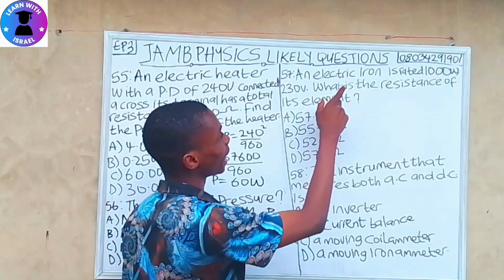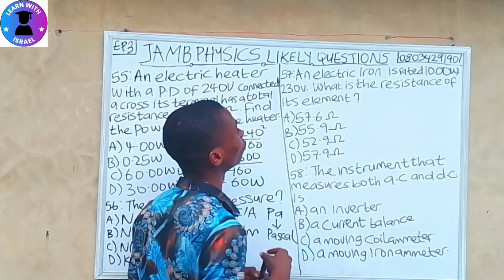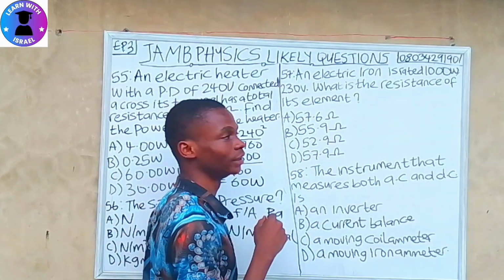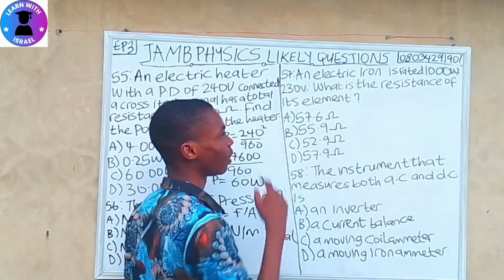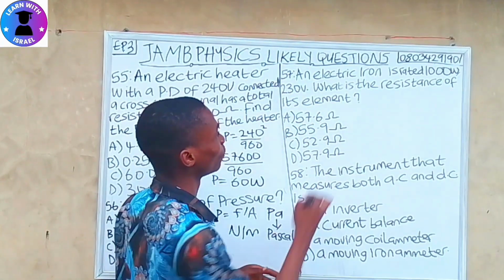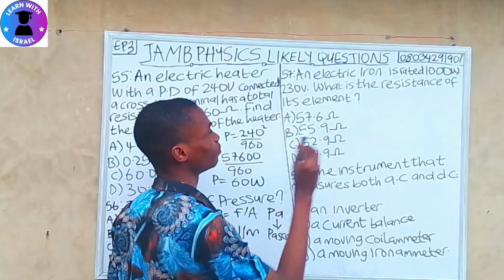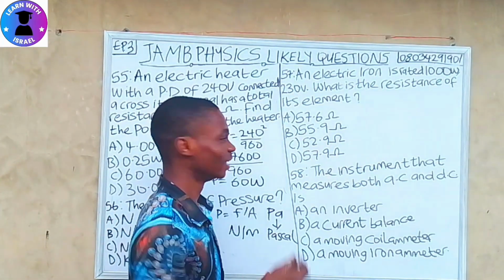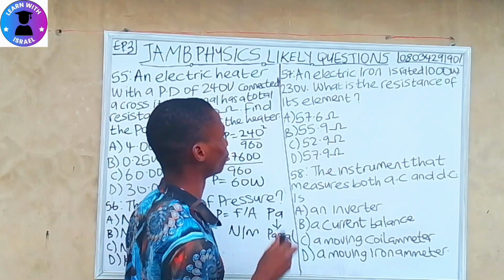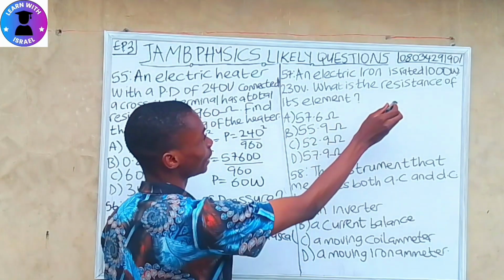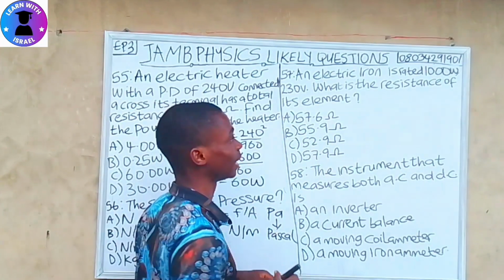An electric iron is rated 1000 watts, 230 volts. What is the resistance of its element? We have our P, which is the power, and we have our voltage, but we are looking for our resistance. It is similar to the previous question, but here we have to find our resistance.